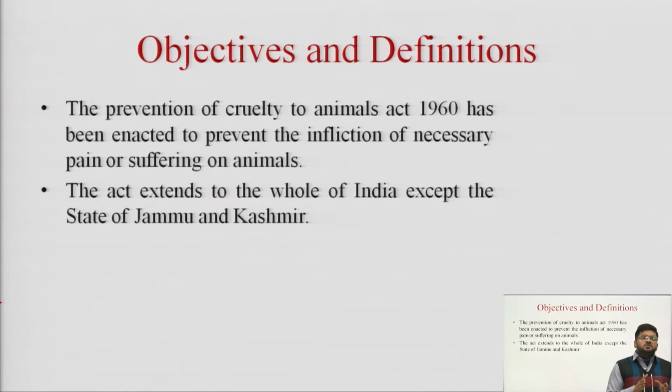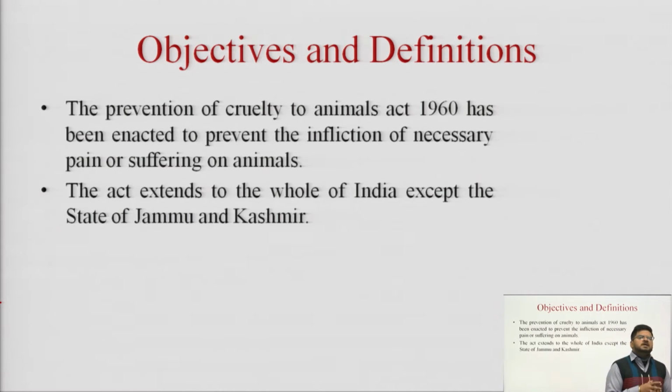We need to control the unnecessary pain we give to animals. For example, in classes in the past, we used many animals for demonstration purposes only, and for demonstration we used to cut them. That is the unnecessary pain or suffering we were giving to animals.